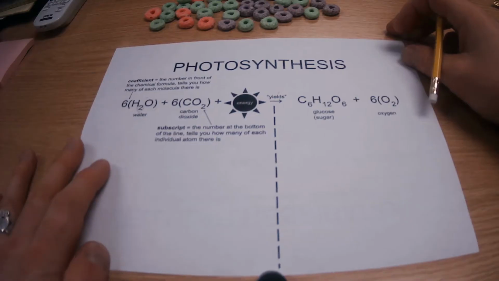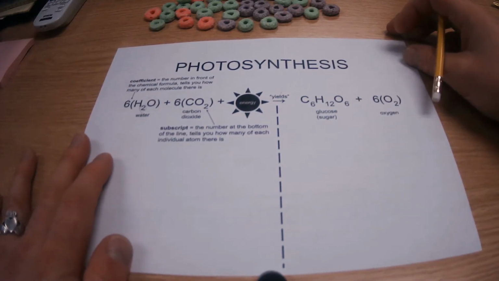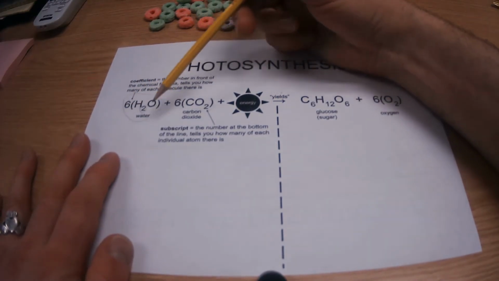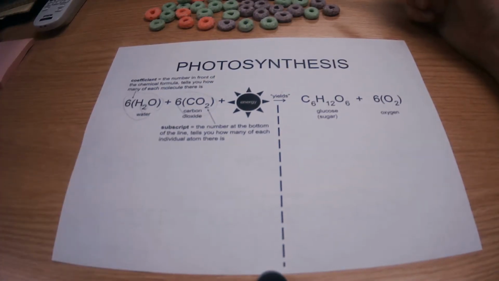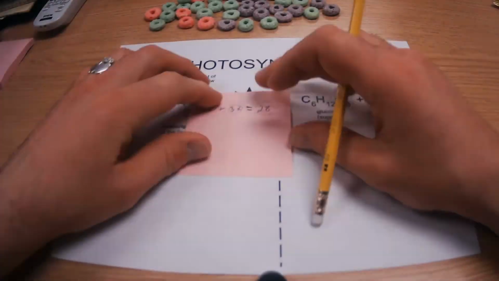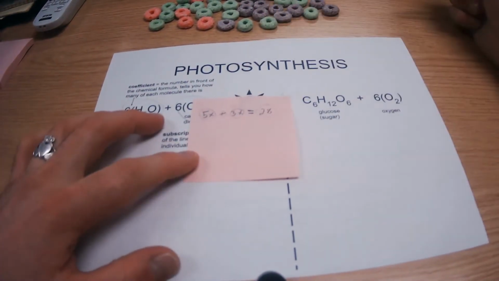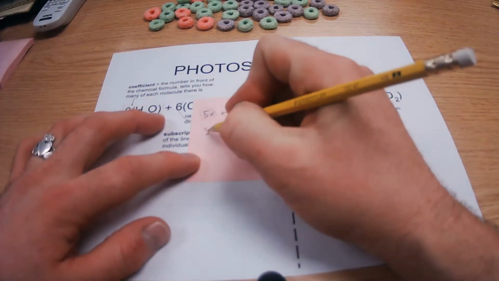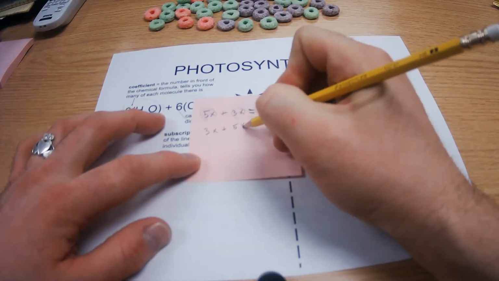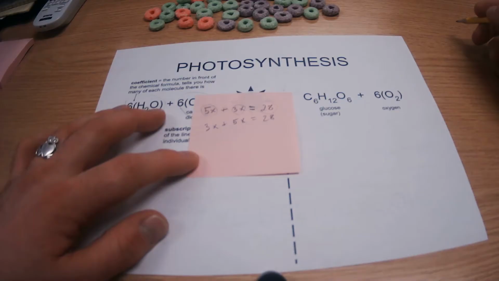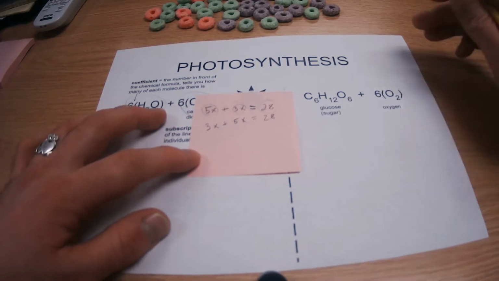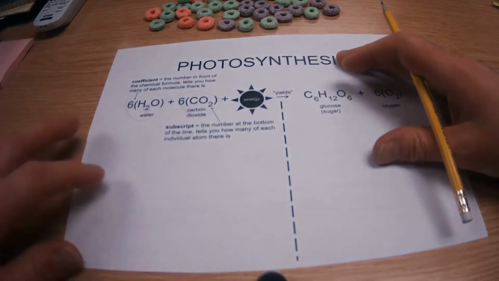All right. Oh, here's another important thing that I forgot to tell first period, I believe. Here's an equation. 5x plus 3x equals 28. If I wrote it as 3x plus 5x equals 28, have I changed it? No. Means exactly the same thing, right? Same thing goes for chemical equations.